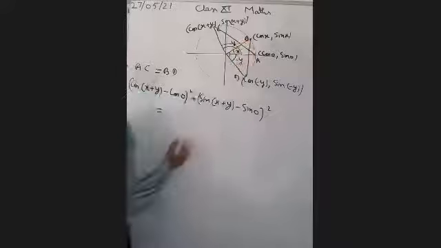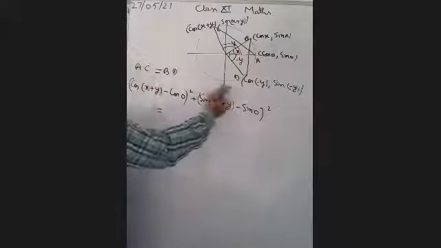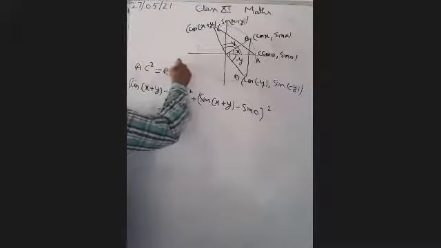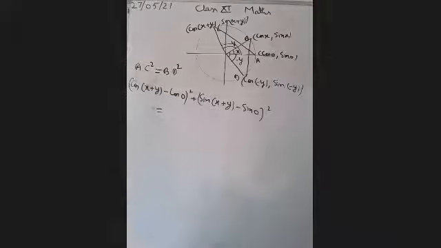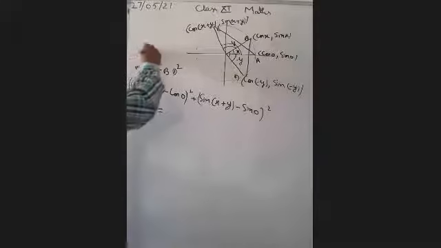In the distance formula we take a square root, so we can take the square of these distances. If AC is equal to BD, then AC square will be equal to BD square.